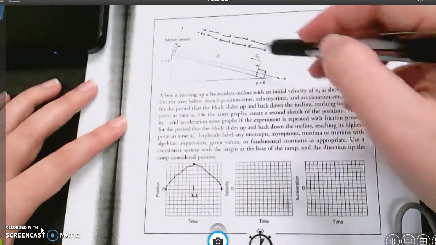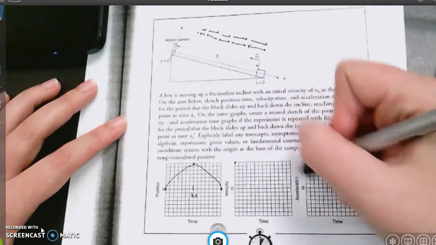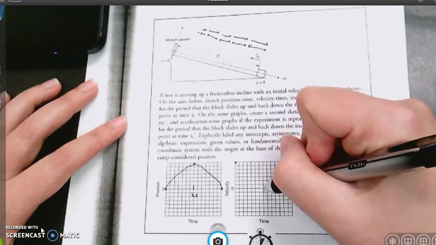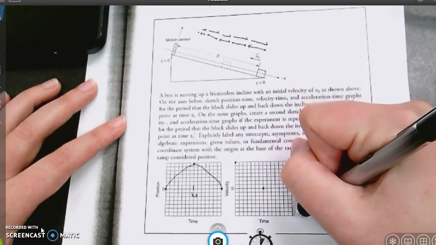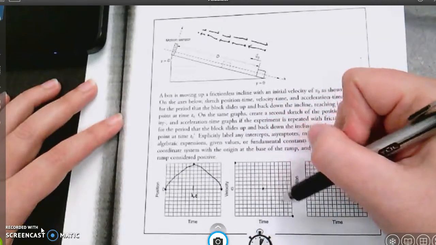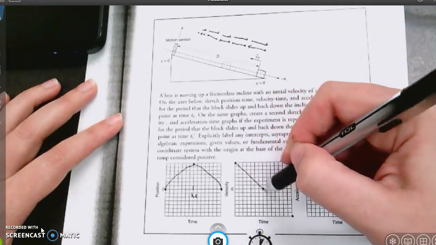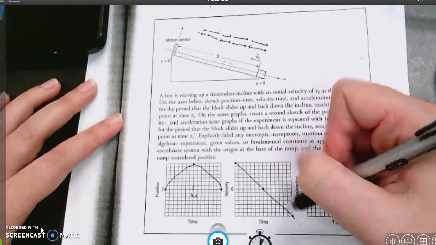So our velocity, we've looked at these vectors here, and we can look at the slope on this graph here. We're starting at some really great velocity. At some point, we're going to be at 0, at some constant rate, meaning a straight line, and then it's going to turn around and increase its speed at that same rate, but in the negative direction. And so we end up with a straight negative slope.